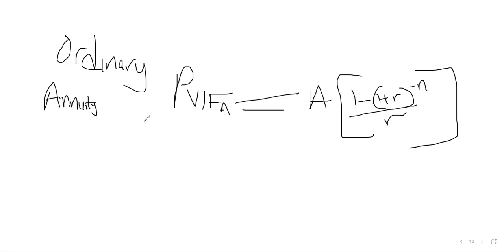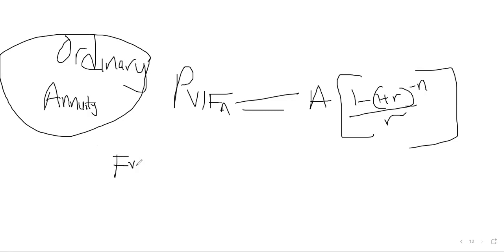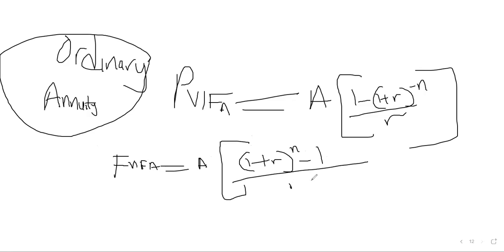Then we have the future value interest factor of an annuity, which is equal to the amount, then (1 plus r) to the power n, minus 1, over r.